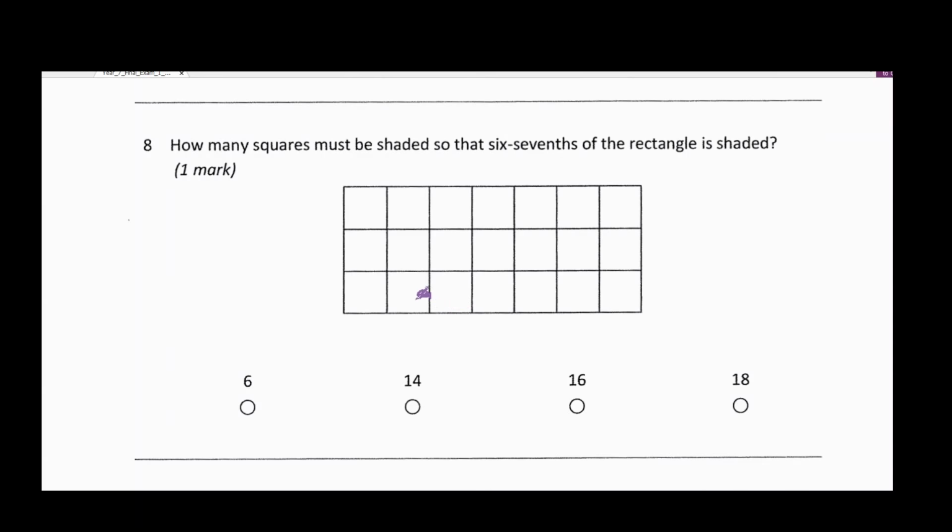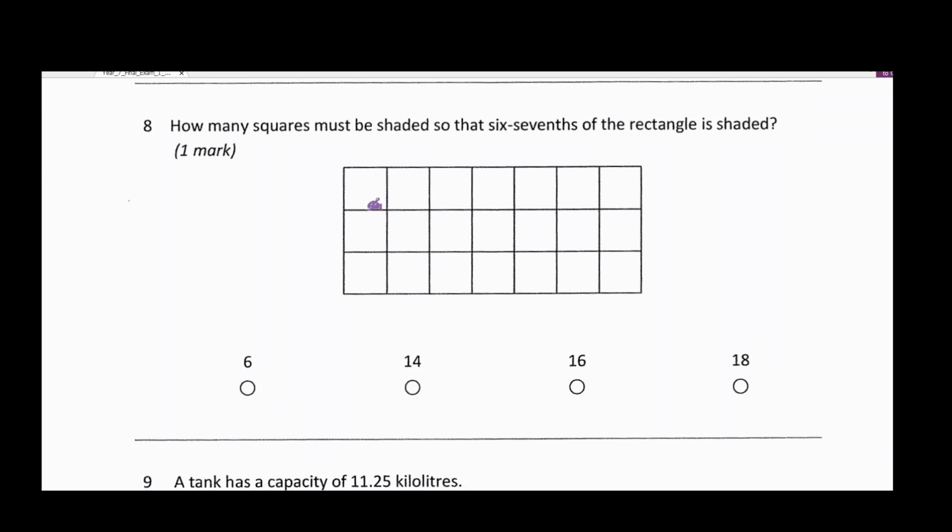Number 8. How many squares must be shaded so that 6/7 of the rectangle is shaded? So we've got 1, 2, 3 by 1, 2, 3, 4, 5, 6, 7. That's 3 times 7 is 21. So 21 squares and 6/7 of them.